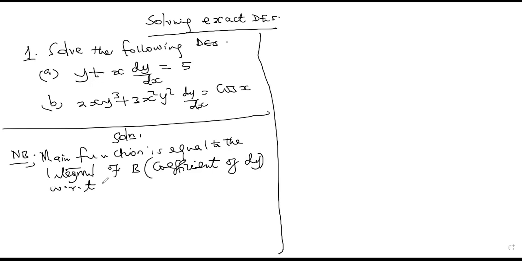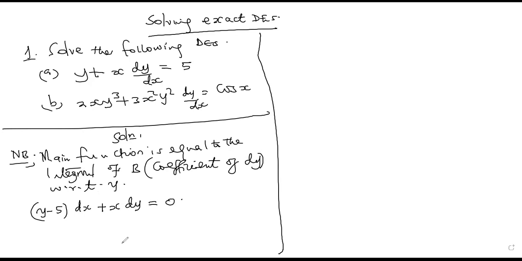Meaning that after having tested for exactness, your equation was in this form: y minus 5 dx plus x dy is equal to 0.